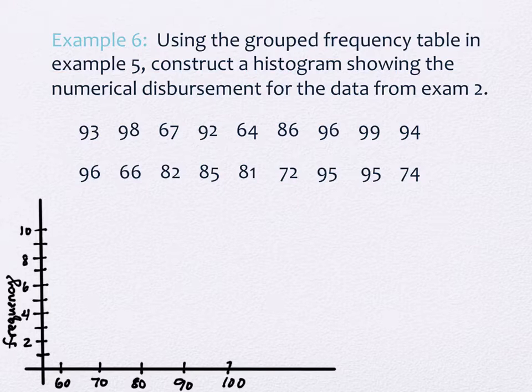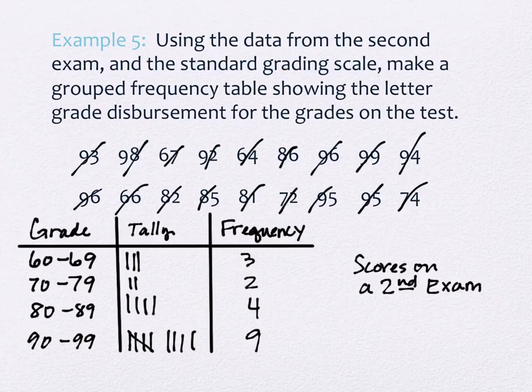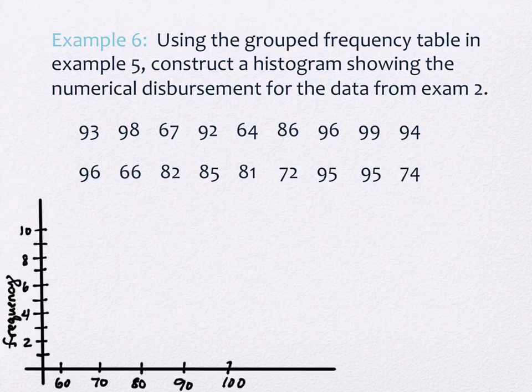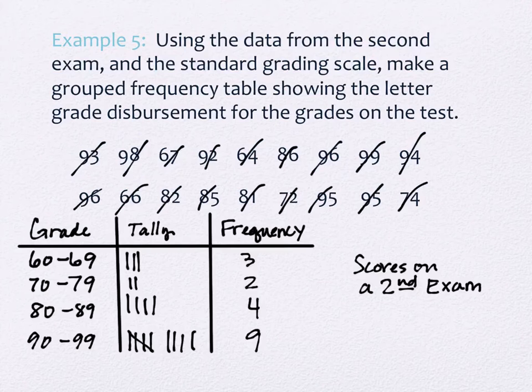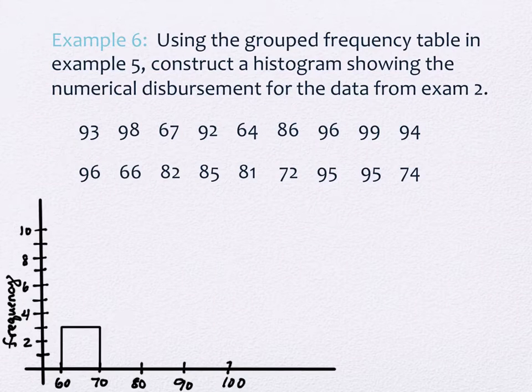All right, so our first category says that we have 3 scores in the 60s range. So we're going to create a bar that is 3 high, like this. And then in our 70s range, we have 2 values, so we need a bar at a height of 2 for the frequency.